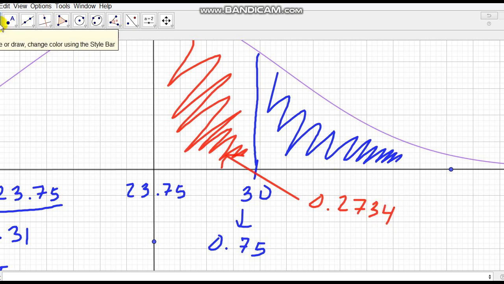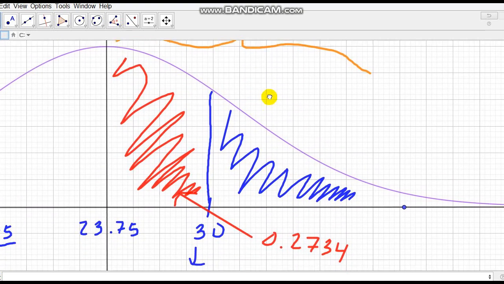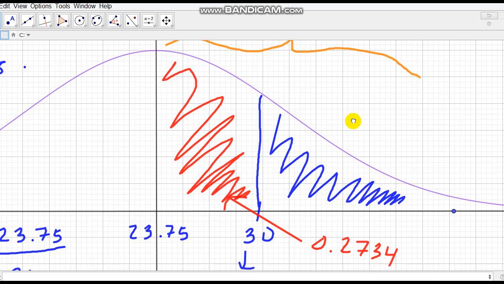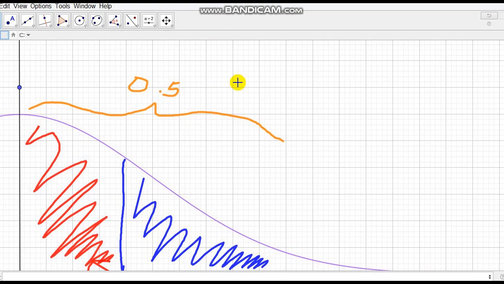So in order for us to get the blue one, what we have to do is subtract it from 0.5. Remember that this entire left side here is 0.5, and this red one is 0.2734. What we'd like to get is the blue one, so we are going to subtract it.